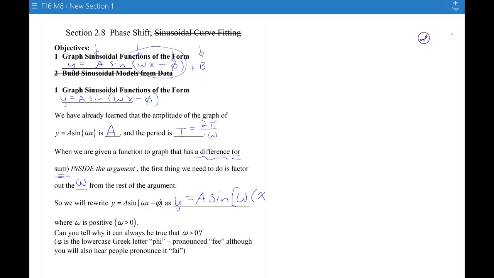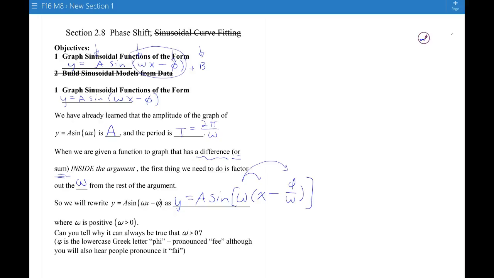So from the omega x term, that leaves an x, minus phi over omega. And if that looks like algebra magic, just think about when you distribute back, will you get what you started with? Yes. So that's a correct factoring out of omega.